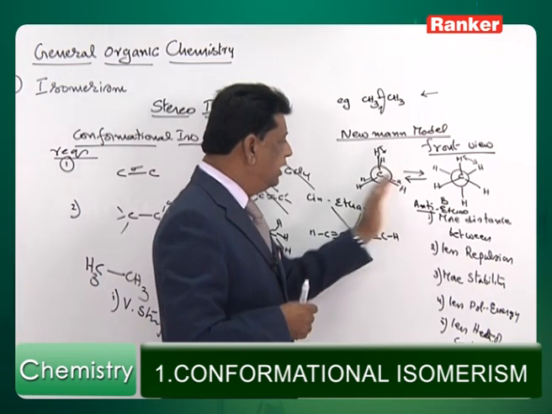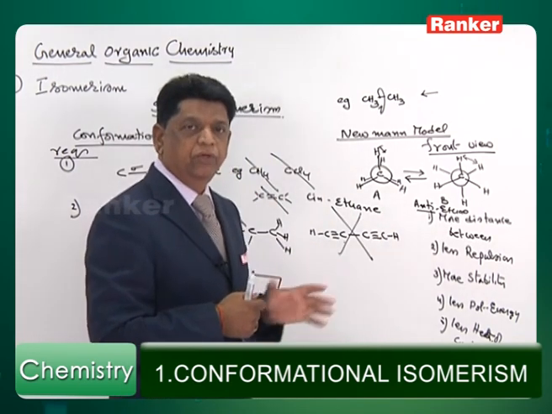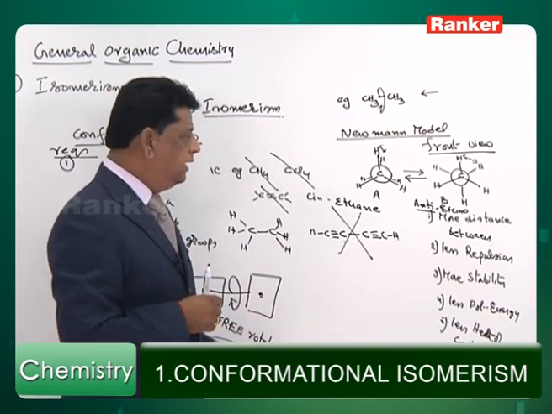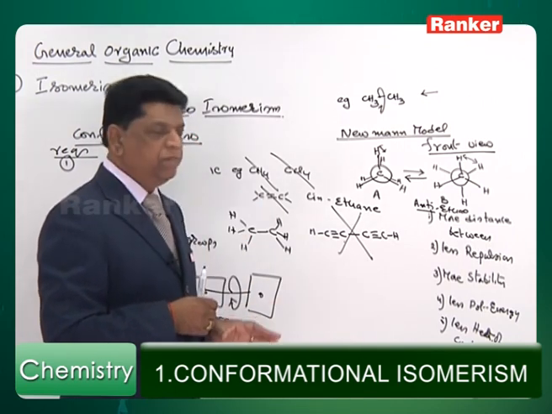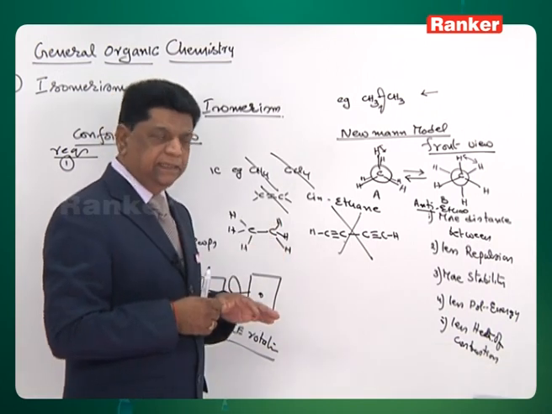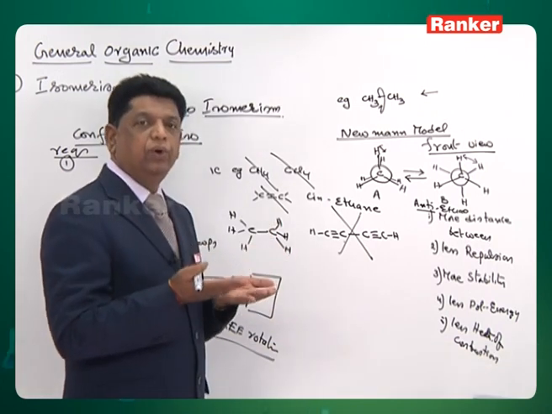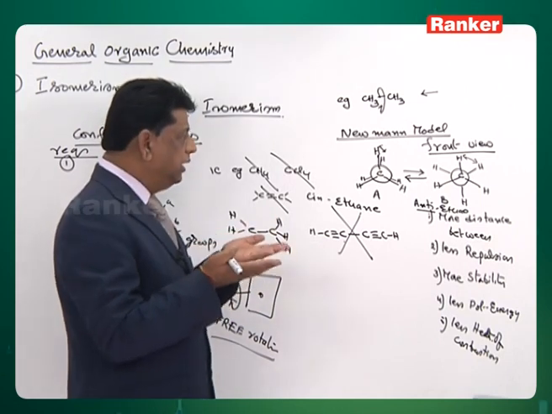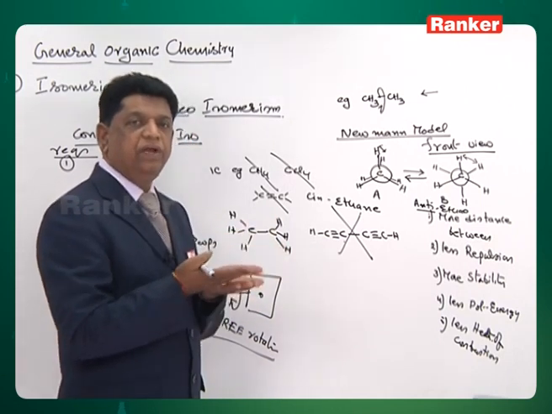Now, out of that, which is more stable? B. So, which percentage will be more? Always B. At any temperature, the B percentage will be more. But as the temperature increases, the relative difference in the ratio decreases.